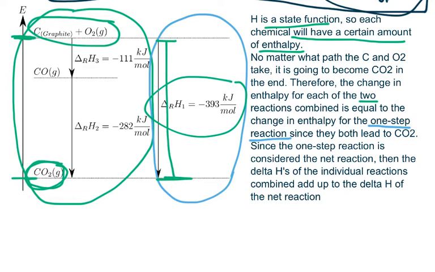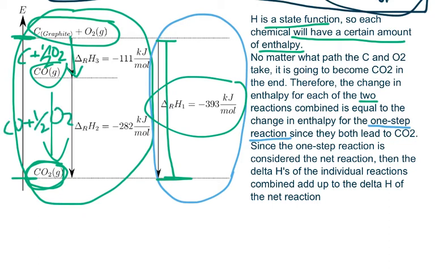So in this green part, notice how the C and O2 first start off by wanting to make CO, and this occurs when C and half of O2 combine, and then from here to here, the rest of the O2 is combined with the CO in order to get CO2.